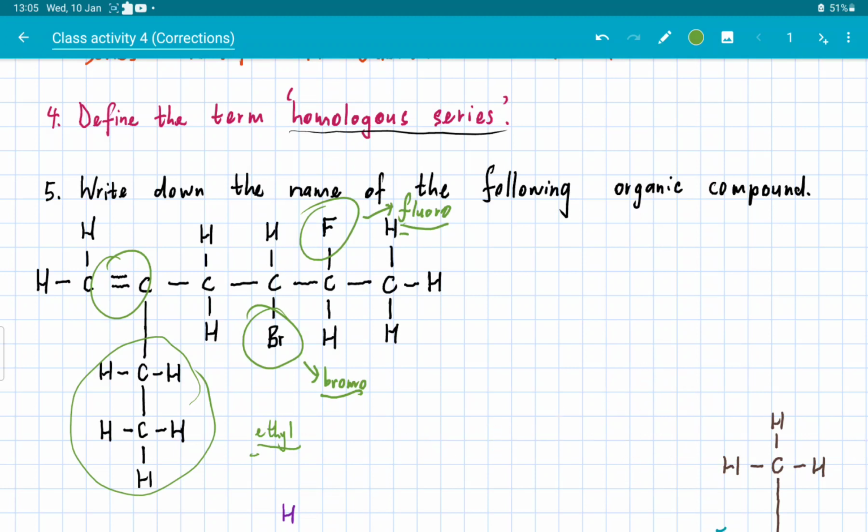So let me number: this is carbon 1, 2, 3, 4, 5, 6. Again, I am starting this side because of that double bond. It takes priority over the substituents, even if those substituents are halogens.